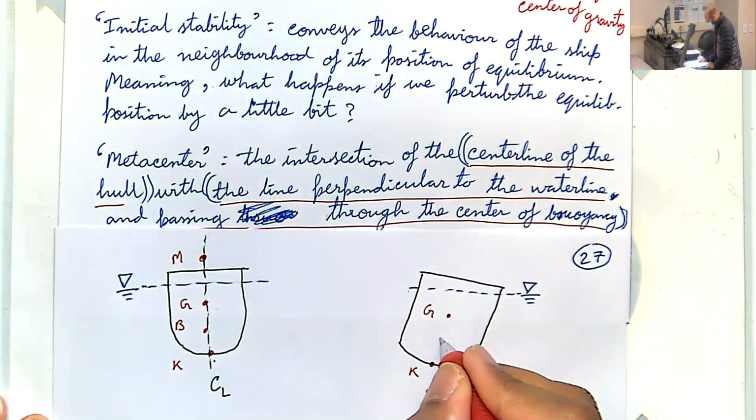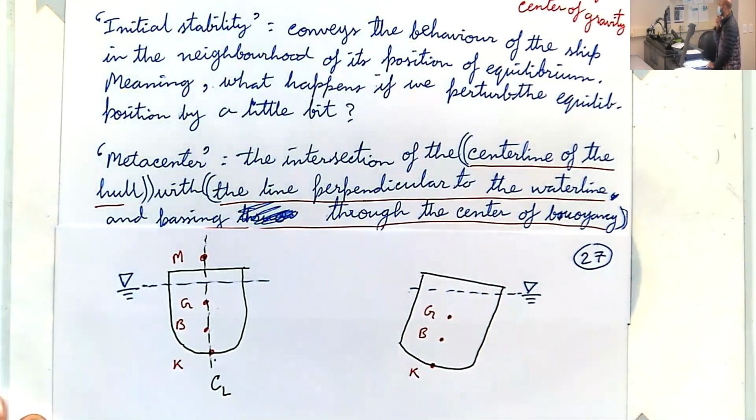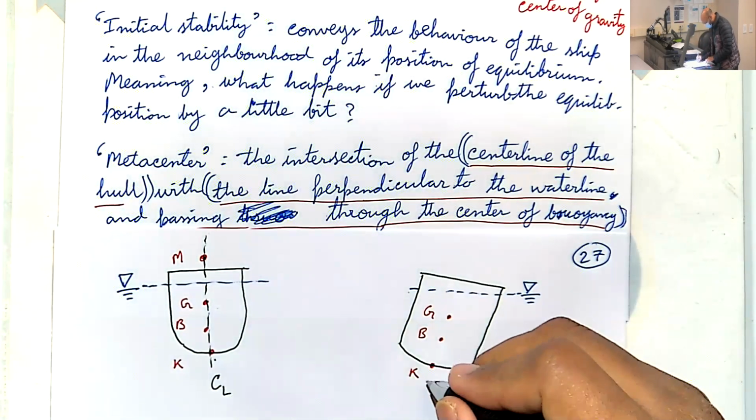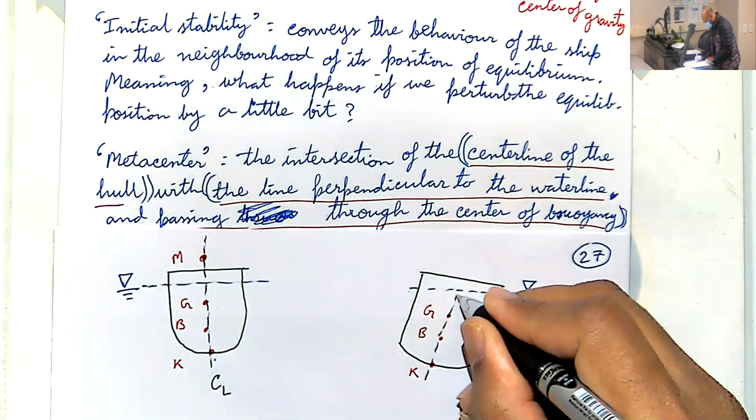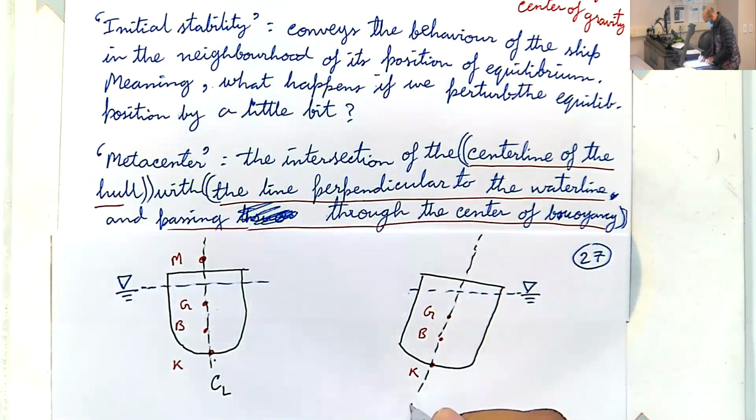This was the original location of the center of buoyancy. Now something is slightly different. So first, the center line of the hull, again, is a geometric property, so it remains the same. So that's the center line.